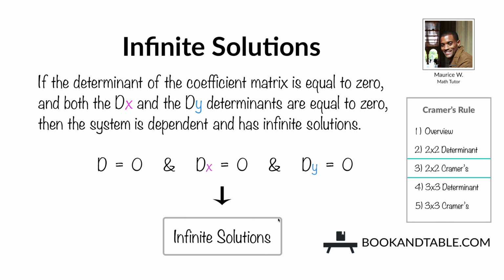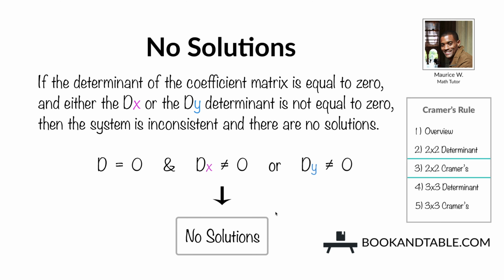But if the determinant of the coefficient matrix is equal to 0 and either the dx or the dy determinant is not equal to 0, then the system is inconsistent and there are no solutions. So you get the determinant is equal to 0 and either dx or dy is not equal to 0.